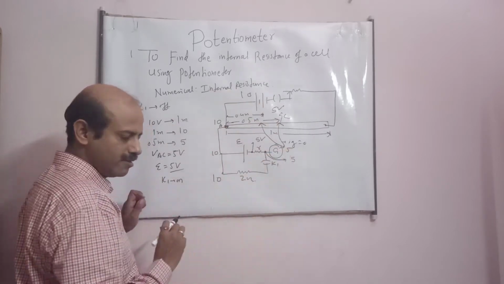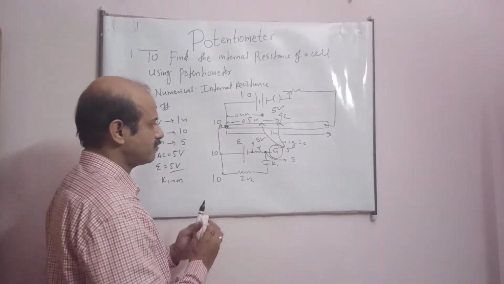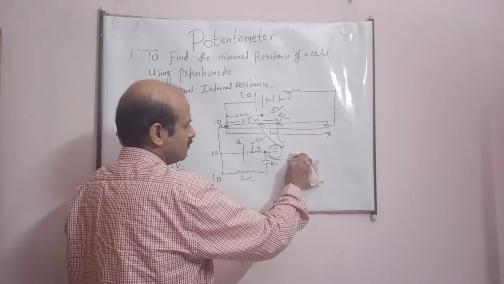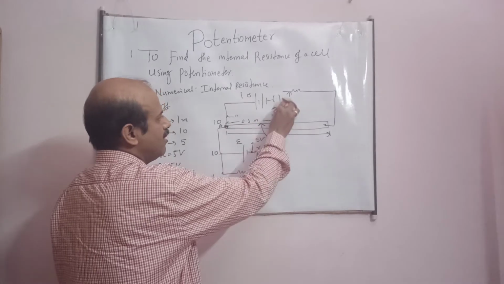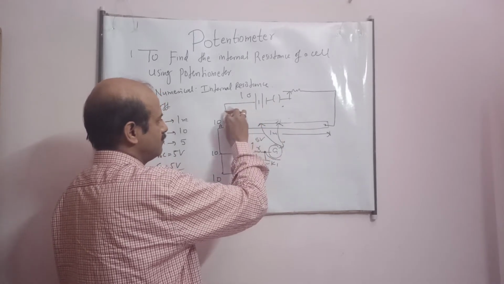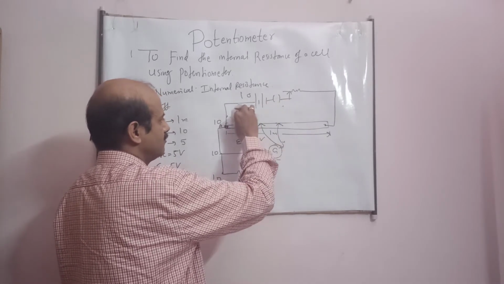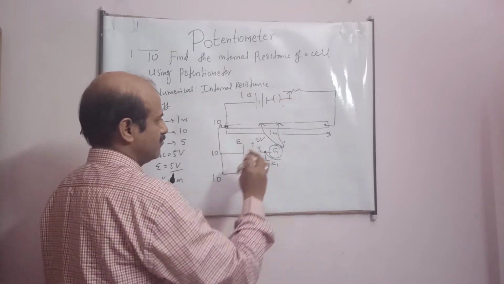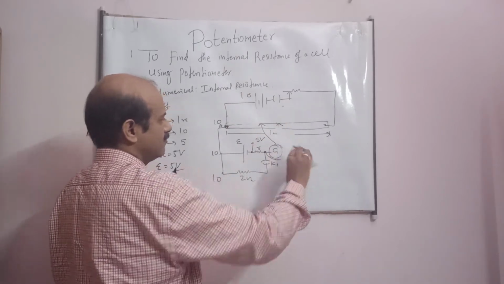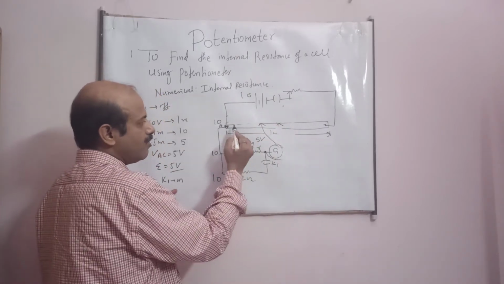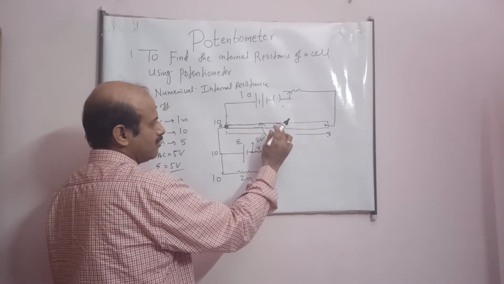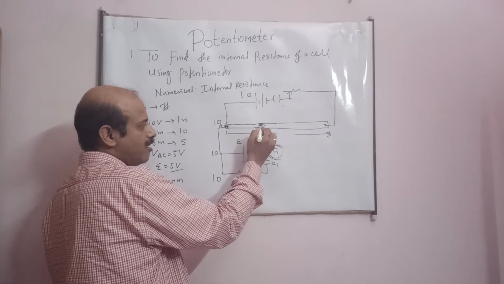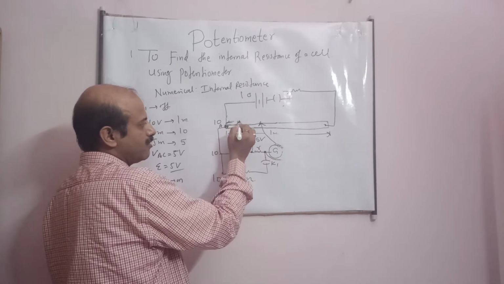Again the current is 0. I am drawing the figure again. Now this is the potentiometer wire, and I got the null point now here, 0.4 meter.